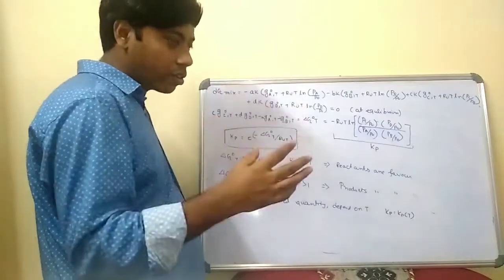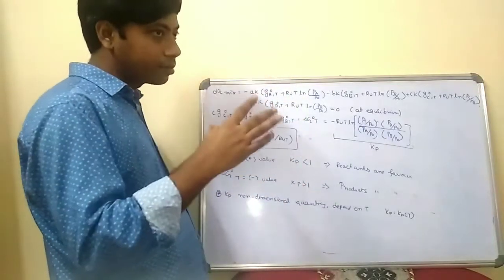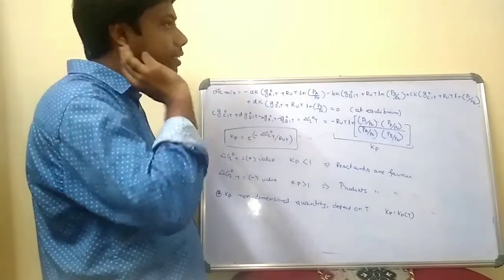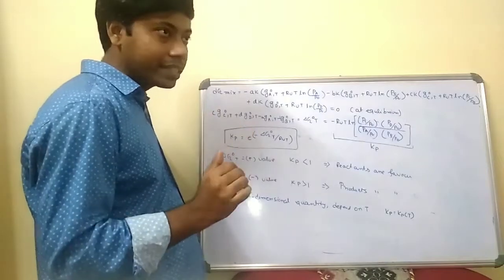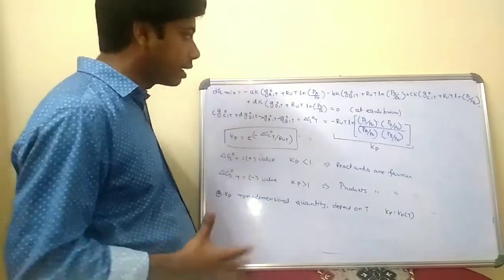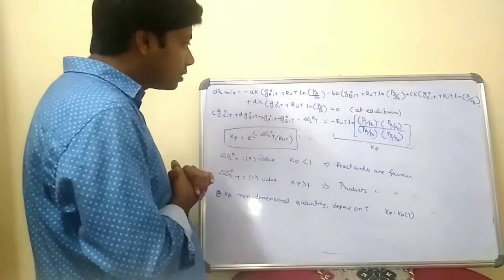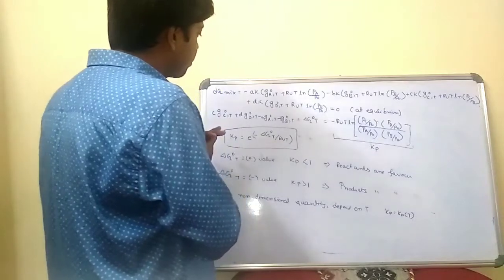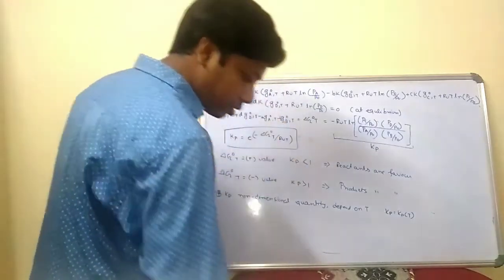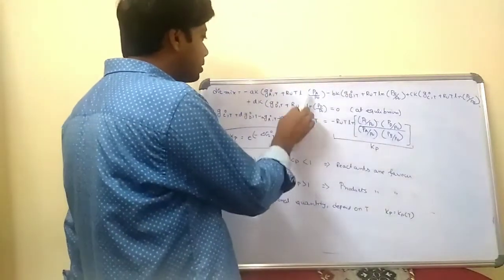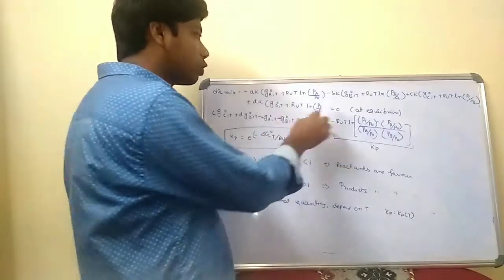Now, from that concept, in terms of minus dNA you can write minus ak, similarly minus bk, and ck and dk. So if you write these equations in terms of this, you can write it in this way. That will be, for the dG mixture at a particular equilibrium condition, 0.